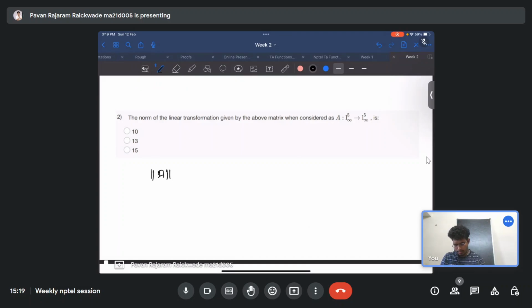Maybe if not done, I'll explain it in the next tutorial session. Norm of A here will be equal to the maximum over i of the summation over j of the modulus of Aij. Which means you take the modulus of each entry, sum for every row, and find the maximum.